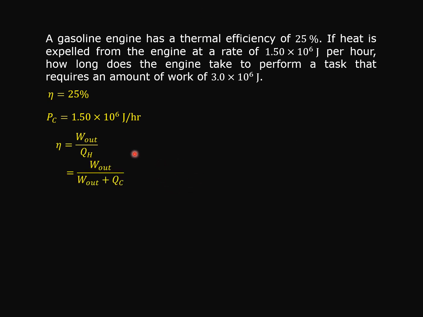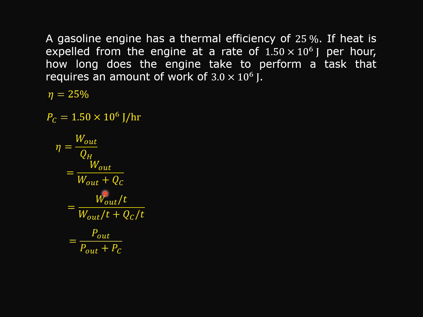Since we have the information about QC and we do not have the information about QH, the next step is to express QH in terms of the output work and QC. So QH is equal to the output work plus QC. We divide the numerator by the time T and also divide every term in the denominator by the time T. So now we have these expressions.